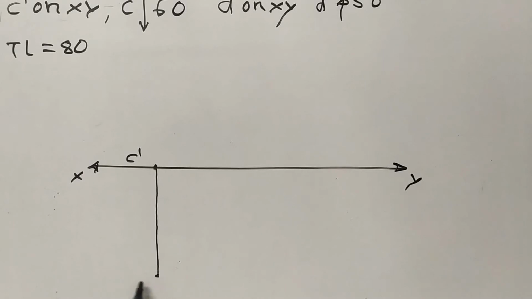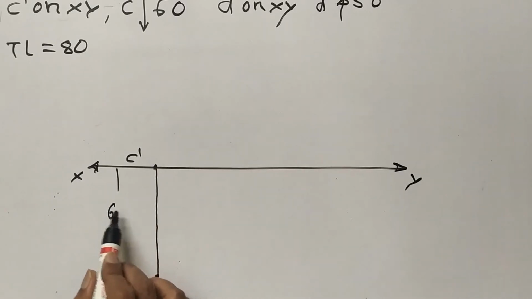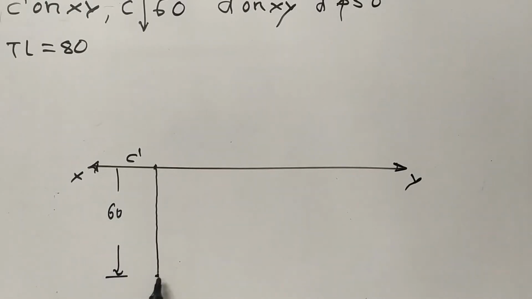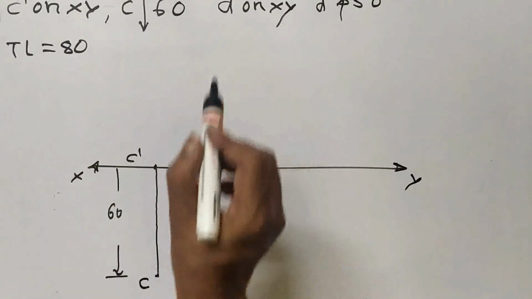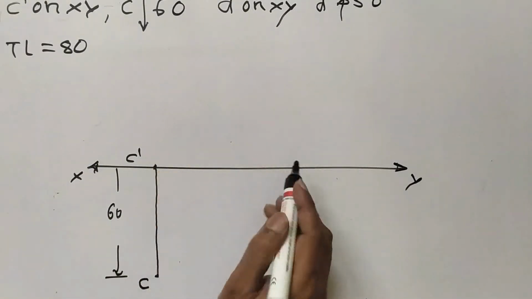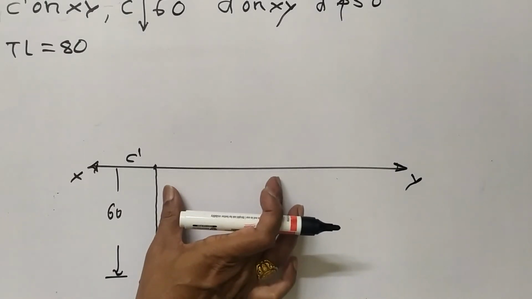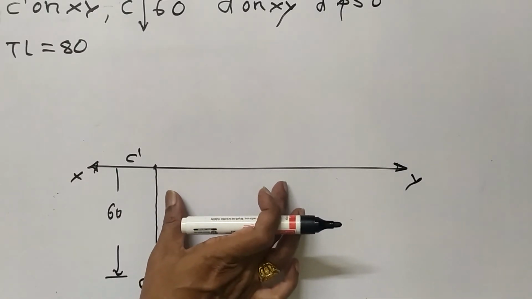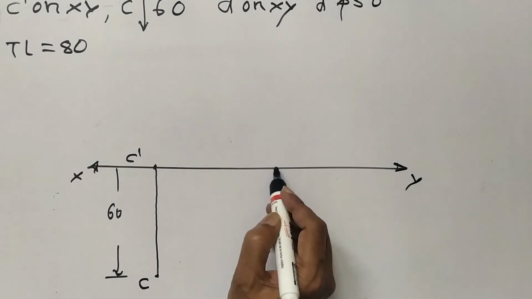So this distance, this is 60 mm in front of VP. So this is C only, right? Then D dash and D. So D is on XY, which means the projected distance must be known. But the projected distance is not given, so you can't directly mark D here.